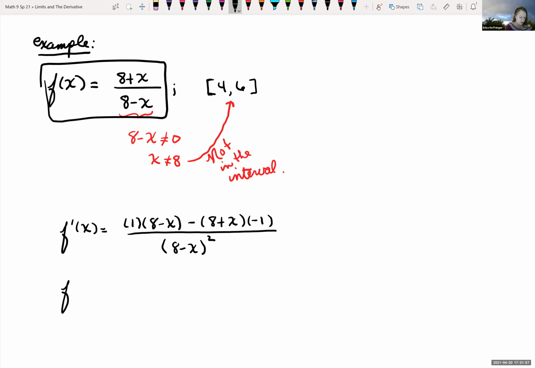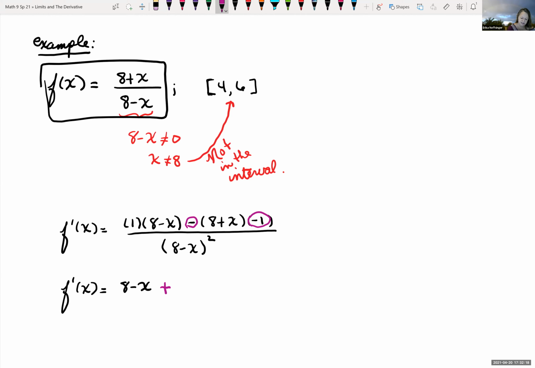So let's simplify our numerator by distributing and then combining like terms. I don't need the parentheses around that 8 minus x. And here, notice that this is like a -1 times a -1, so that's actually like a plus.